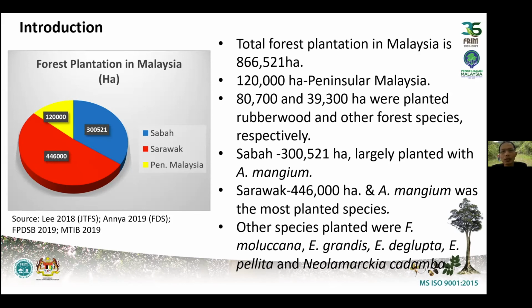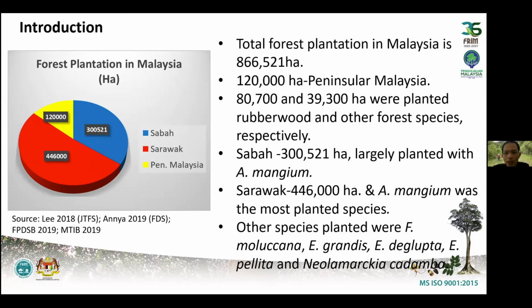In Peninsular Malaysia, most of the plantation is planted with rubber trees, around 18,000 hectares, and 14,000 hectares were planted with other forest species such as Azadirachta excelsa, Tectona grandis, Aquilaria species, and many more. For Sabah and Sarawak, the majority of the plantation is planted with Acacia mangium.